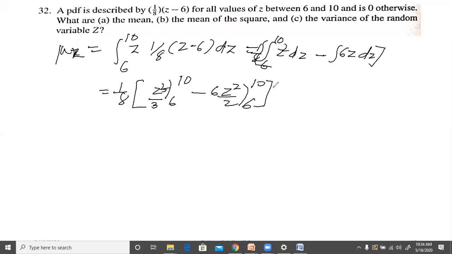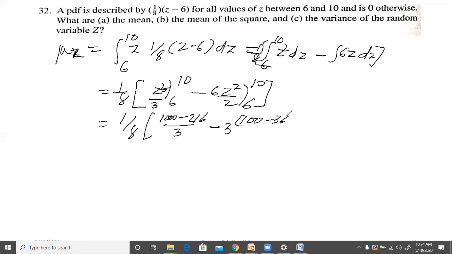So 10 cube minus 6 cube, and this will give me 1 by 8 times: 10 cube is 1000 minus 6 cube is 216, divided by 3, minus 6 by 2, which is 3, times z square, which is 10 square, 100, minus 6 square, 36.